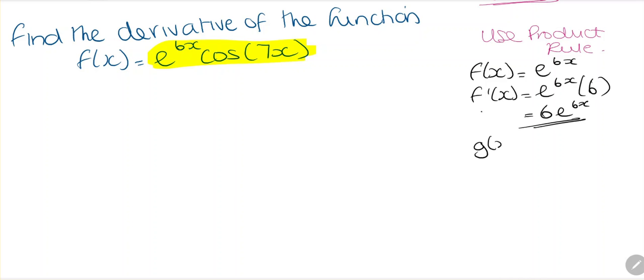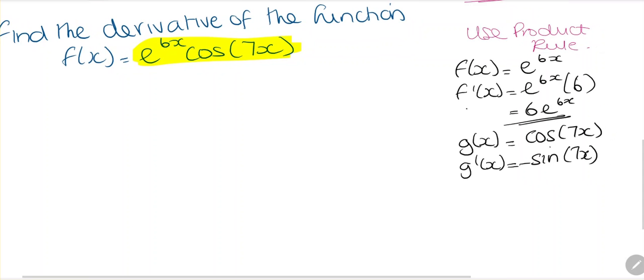g of x, this is our cosine of 7x, so we're going to write it the same. Cosine of 7x. So now our g prime of x. Cosine is minus sine, so we're going to write minus sine, and we're going to keep the inside the same.